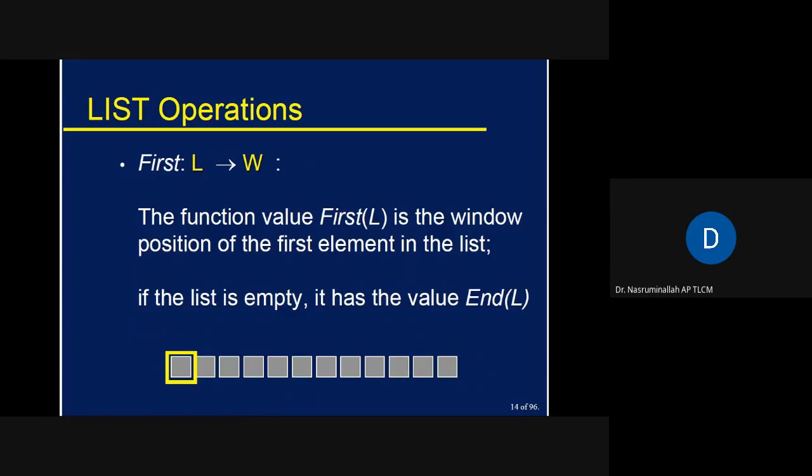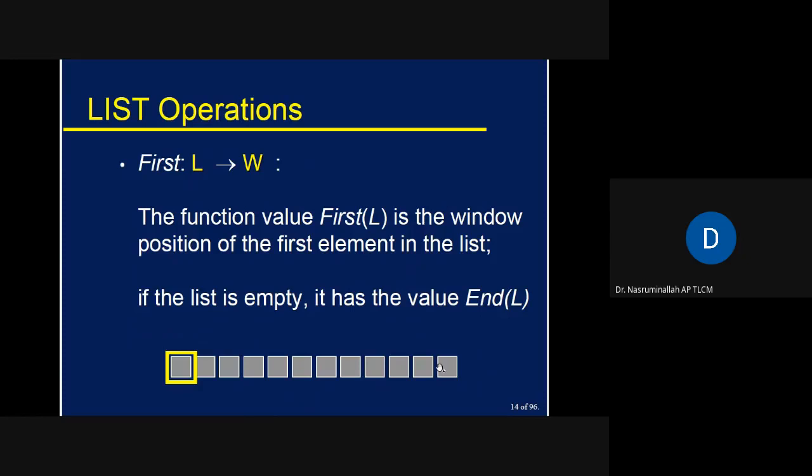Similarly, we need an implementation of an operation, the function first. To this first function, you pass the list and it will return a window location of the first element in the list. Graphically, you can see a row of different elements represented in the form of squares. This is a representation of a list.